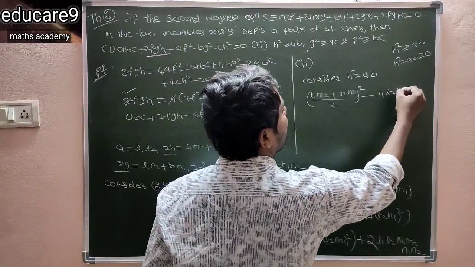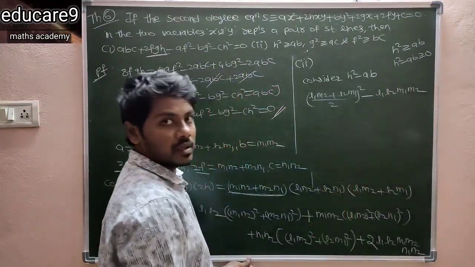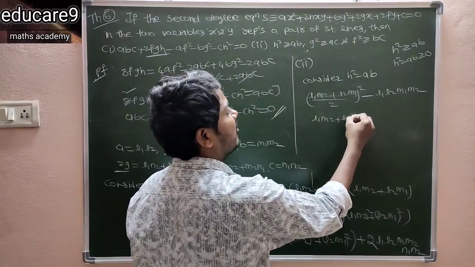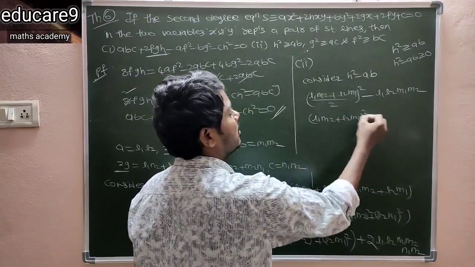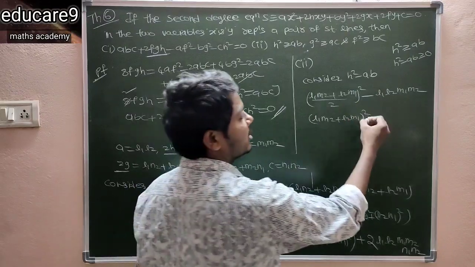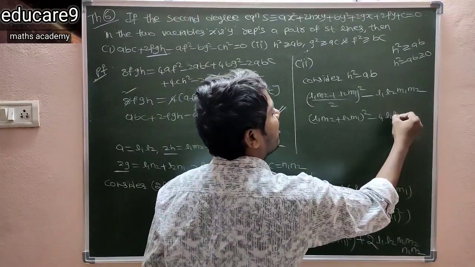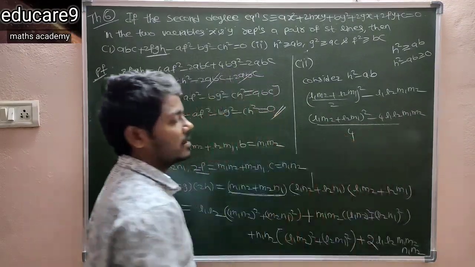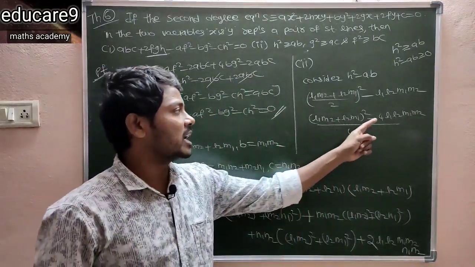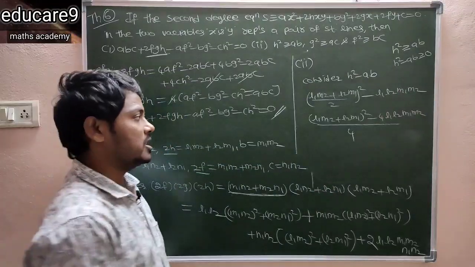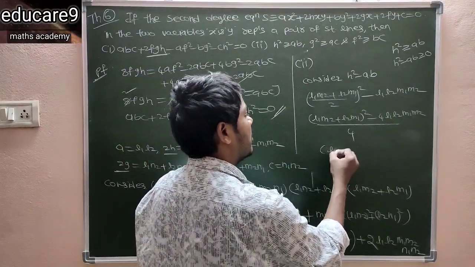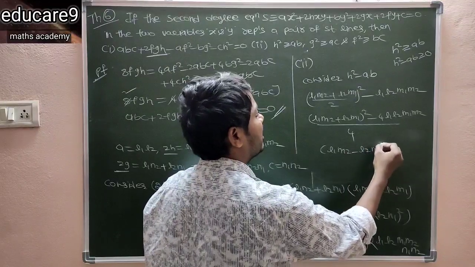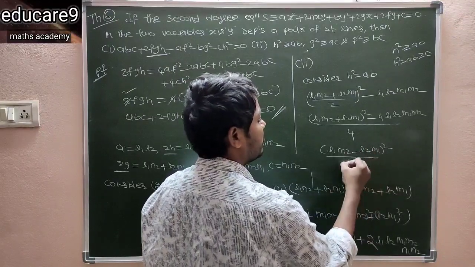So this is L1 m2 plus L2 m1 whole square divided by 4, minus 4 L1 L2 m1 m2. So take the LCM. Now a plus b whole square minus 4ab can be written as a minus b whole square, that is L1 m2 minus L2 m1 whole square divided by 4.